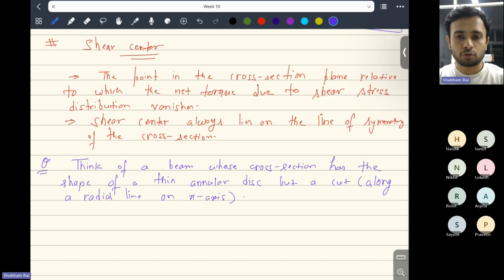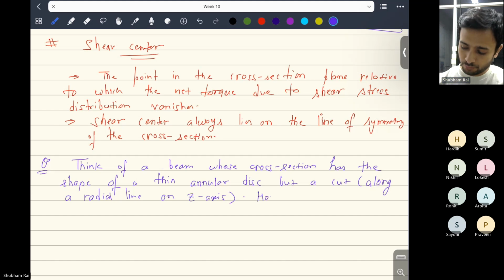So you have a beam whose cross-section has the shape of a thin annular disk, but a small cut is there along a radial line on the x-axis. Sorry, it will be the z-axis. As per the conventions taken in lectures, this will be the z-axis. I'll draw the figure as well, don't worry.